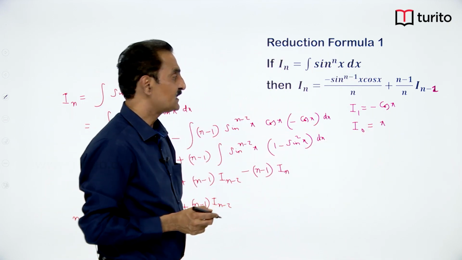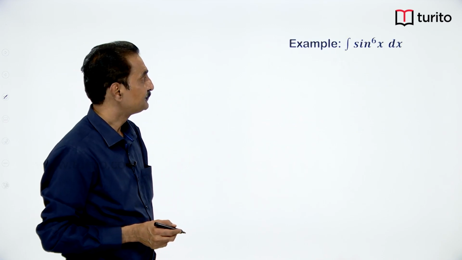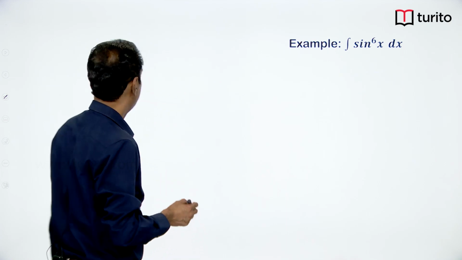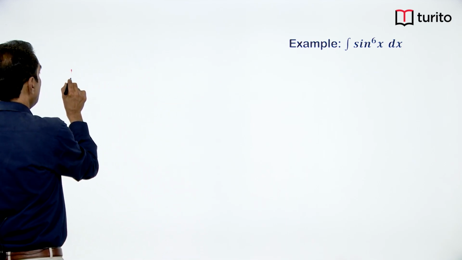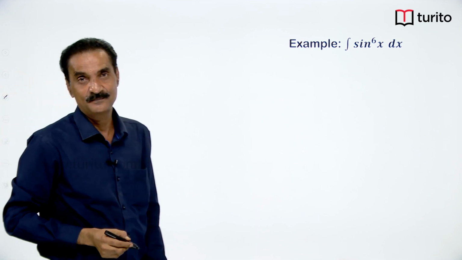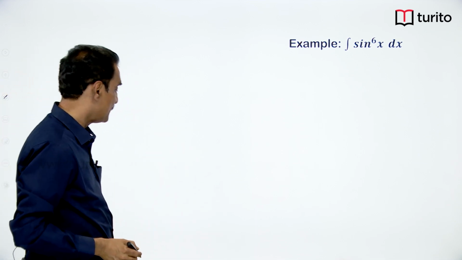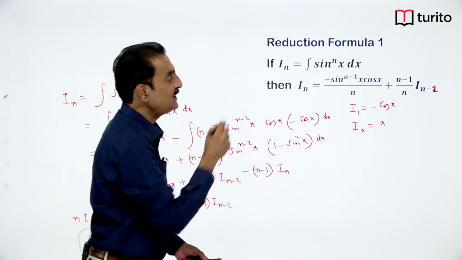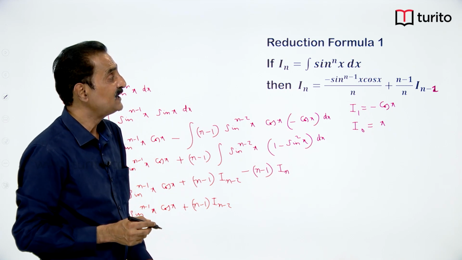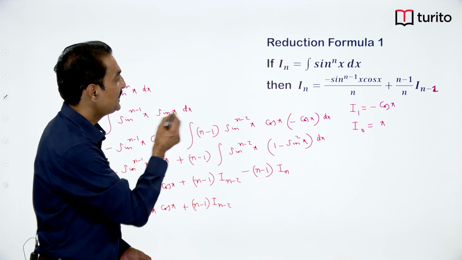Okay. Now, let us solve one question. Integral sin^6 x. We can denote it by I6. Apply that formula. What is that formula? Minus sin^(n-1)x cos x by n plus (n-1) by n into In-2. n is 6.